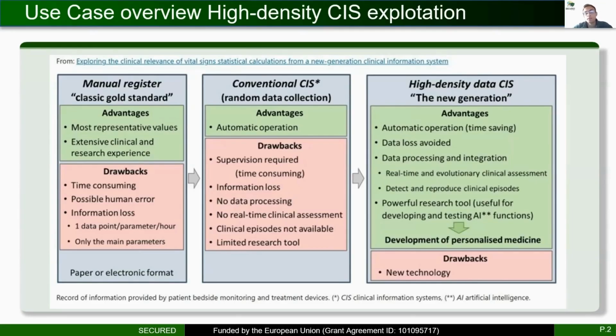This makes this system a very powerful tool for developing and testing AI functionalities and applications. Right now, we are here on the red rectangle, where we have powerful research tools that are useful for development of personalized medicine, but with the drawback of having to implement new technologies.